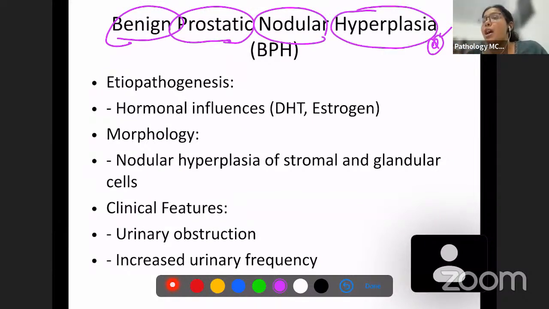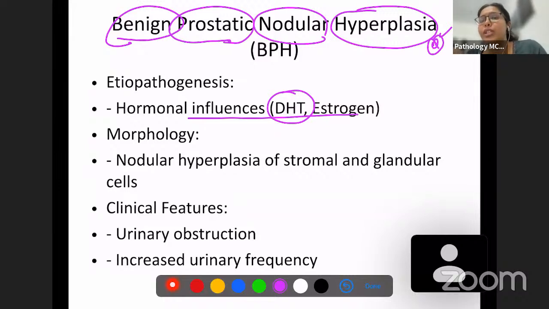So there is hyperplasia of the prostatic tissue. It is benign, not malignant. This is the simple decoding of this. You can easily extrapolate. So why does this happen? Because of certain hormones, for example dihydrotestosterone. We'll see how that happens in a while.